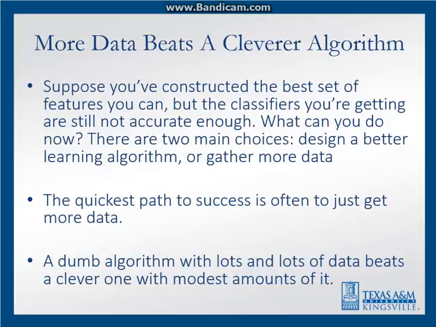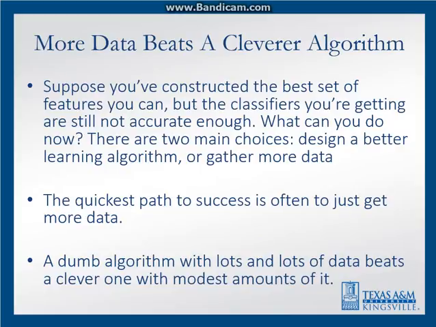Suppose you have constructed the best set of features you can, but the classifiers you are getting are still not accurate enough. What can you do now? There are two main choices: design a better learning algorithm or gather more data. The quickest path to success is often to just get more data.